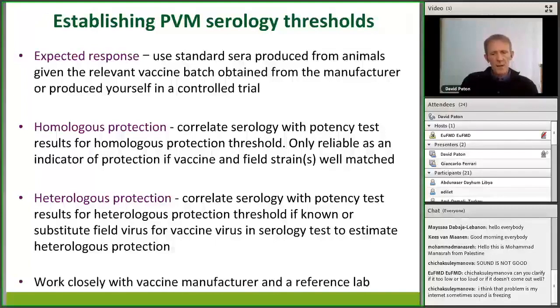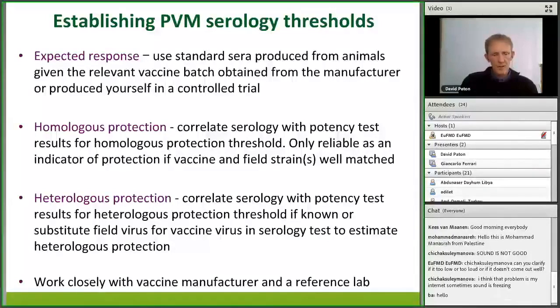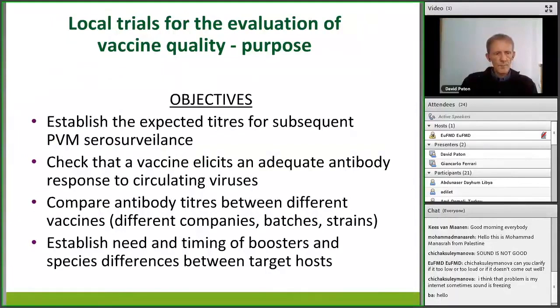And because this is quite a complicated and specialist field, as I expect you're beginning to realize now, it's very useful to work closely with the vaccine manufacturer and a reference laboratory who is familiar with performing these studies to help you establish the right thresholds.